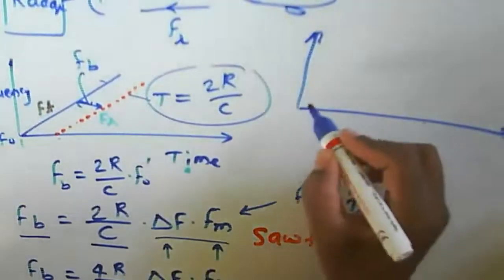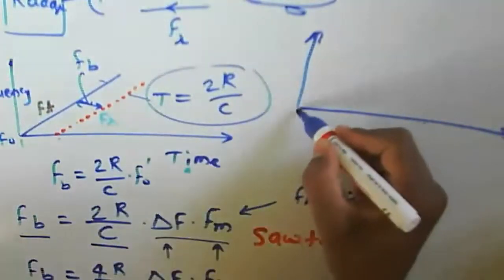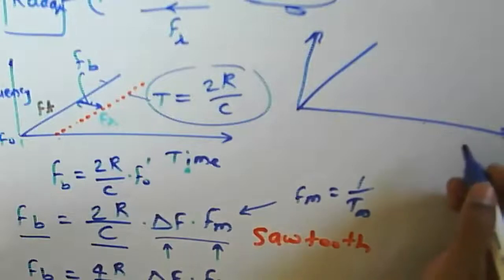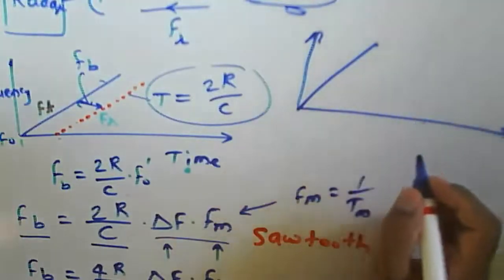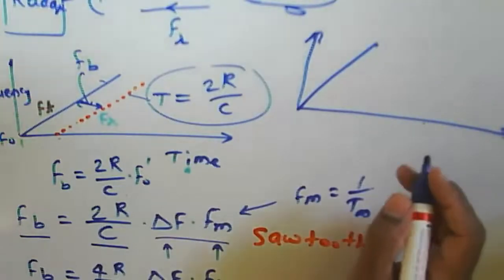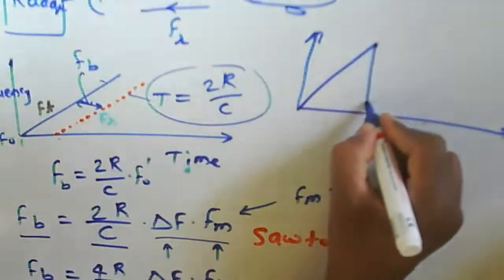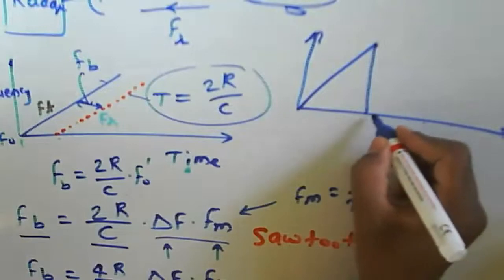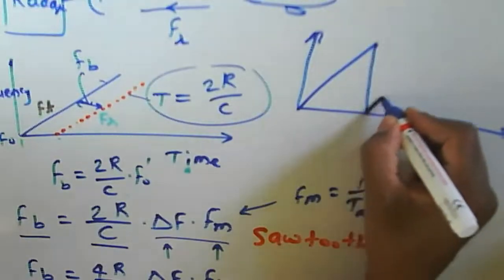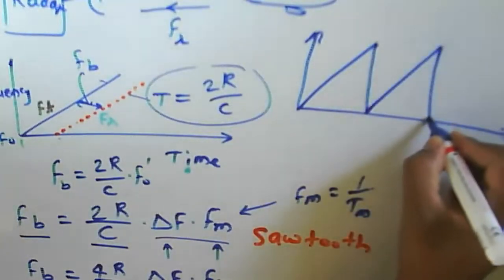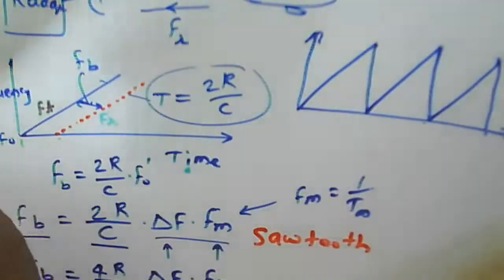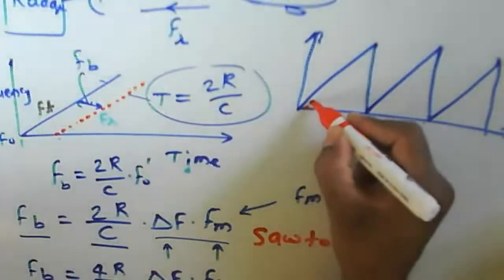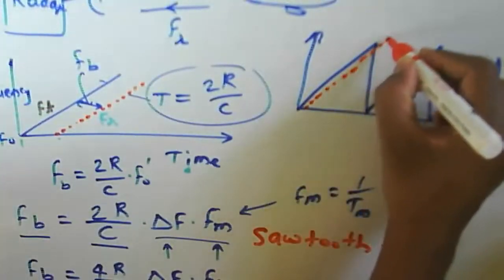This one is your transmitting signal. For example, instead of sawtooth we can consider the triangular also. So this one is for a sawtooth. Now this one is your transmitting signal. Now the echo, this one is the echo.